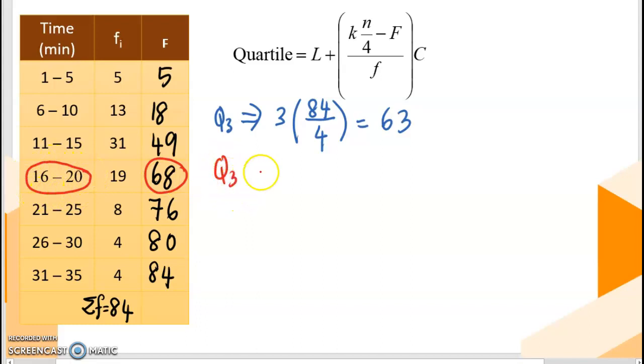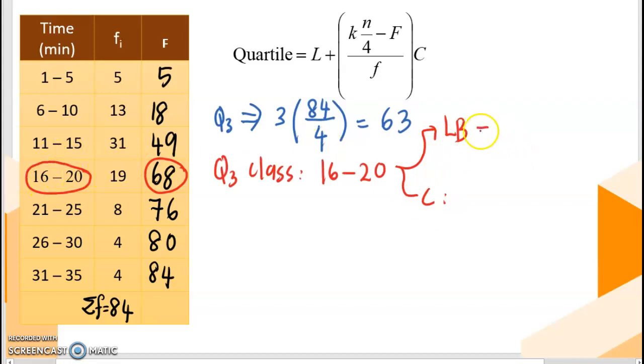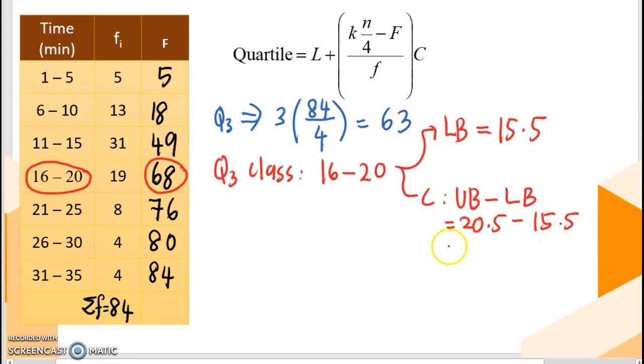So the Q3 class is 16 until 20. From this class, we need its lower boundary and its size. Lower boundary will be 15 plus 16 divided by 2, which equals 15.5. C is upper boundary minus lower boundary. Upper boundary is 20.5 minus 15.5, which equals 5.